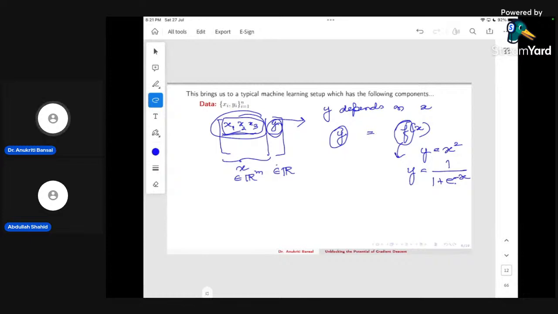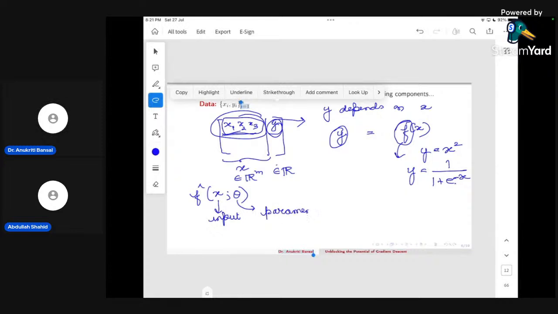And I am saying that there is some function of this form, where this is my input and theta denotes some parameters. So this function relates input to the output. It has certain parameters, and now our job is to learn these parameters from the given data.